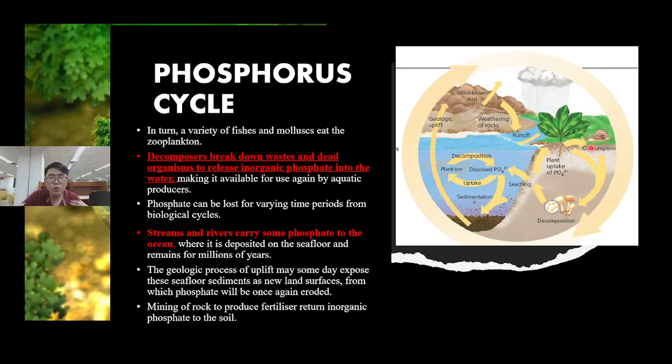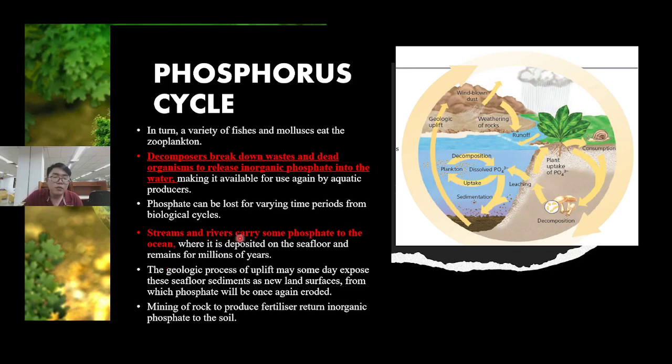The consumer can only take the phosphate from the plant. So if the consumer does not eat plants, the consumer will not get the phosphate anymore. This is one of the limitations of the phosphorus cycle, because the consumer cannot obtain phosphorus from the air. It is different from sulfur and carbon.